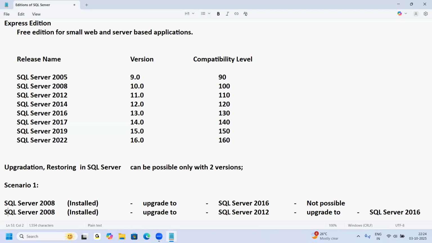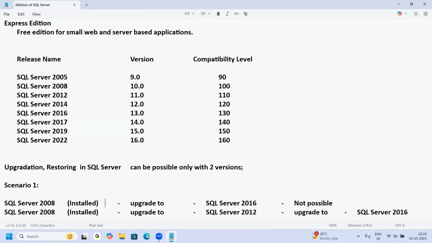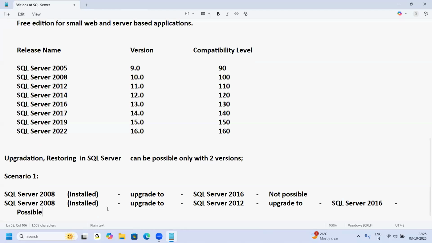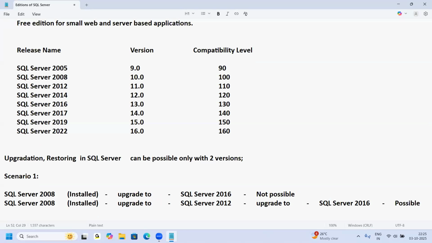This is the approach. Can this be done? Yes, it is possible.